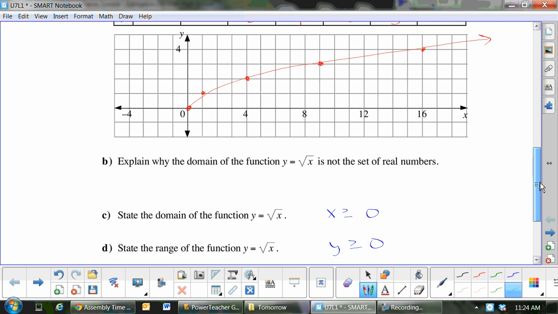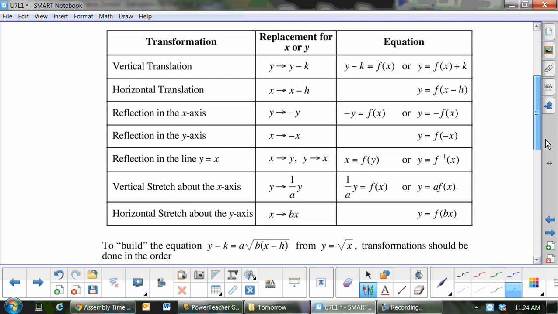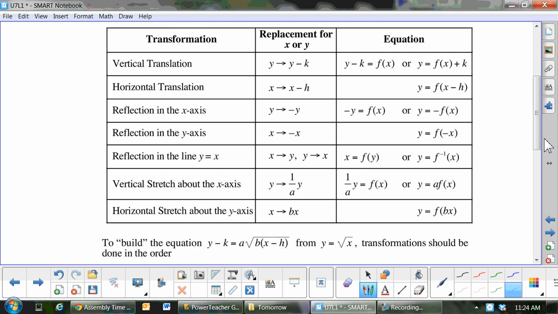Now, the next page. Okay? If you read this over right now and you're like, hey, I've never seen that before, be afraid, be very afraid. Okay. So, this today is just doing transformations on square root x. Okay?